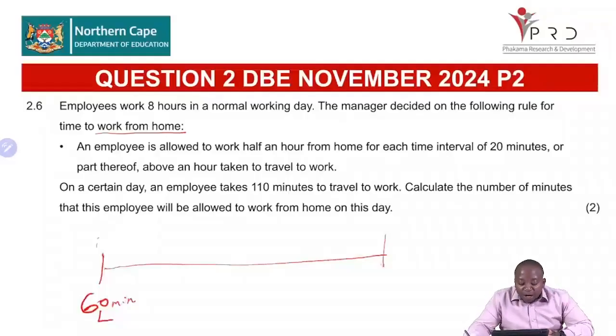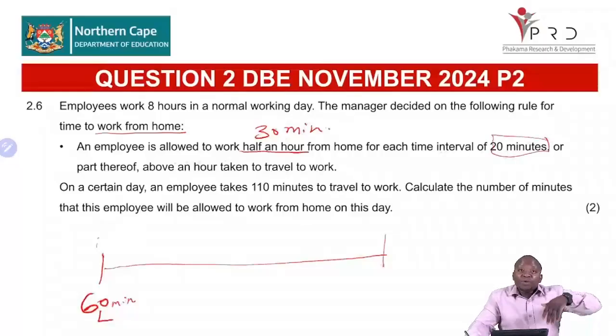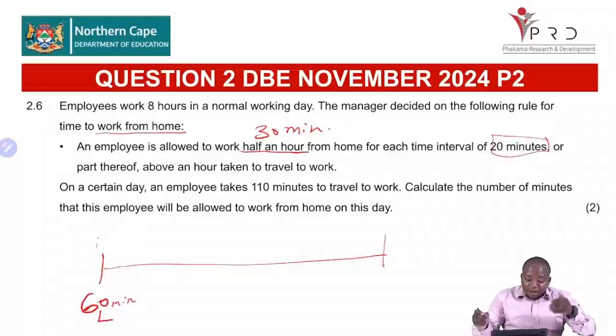An employee is allowed to work half an hour, so they're allowed to work 30 minutes, for each time interval of 20 minutes. So if you travel for more than 60 minutes, let's say 60 plus 20, then when you get home, you'll only be allowed 30 minutes, for example, right? This is part of the rule: above an hour taken to travel to work.